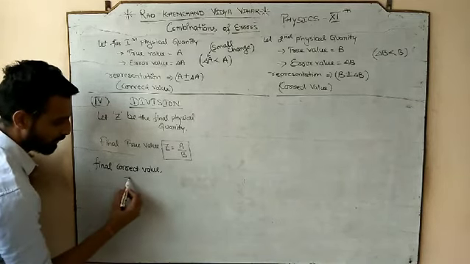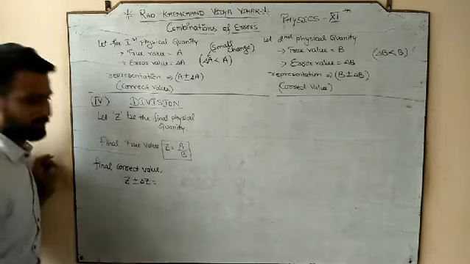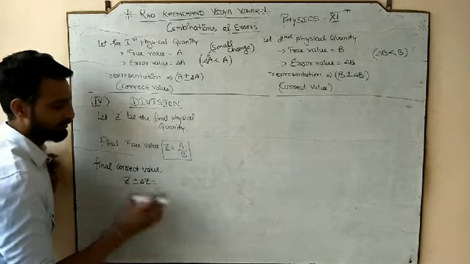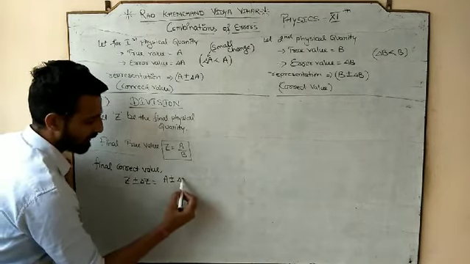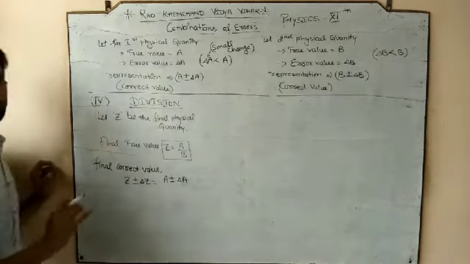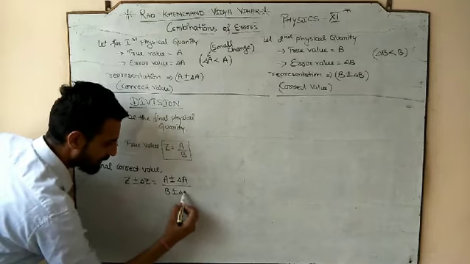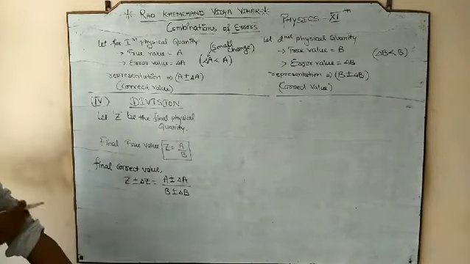Okay, so it would be Z plus minus delta Z is equal to, meaning final correct value, which is final true value plus minus final error, is equal to the correct value of the first quantity divided by the correct value of the second quantity. We have to divide it now, so we will do the division formula.